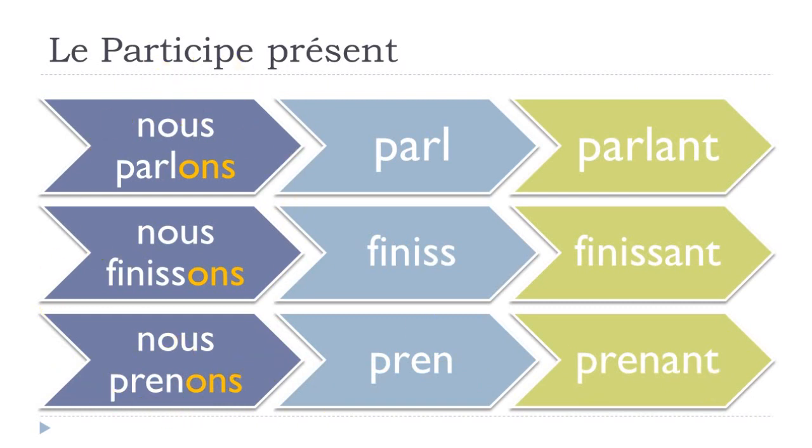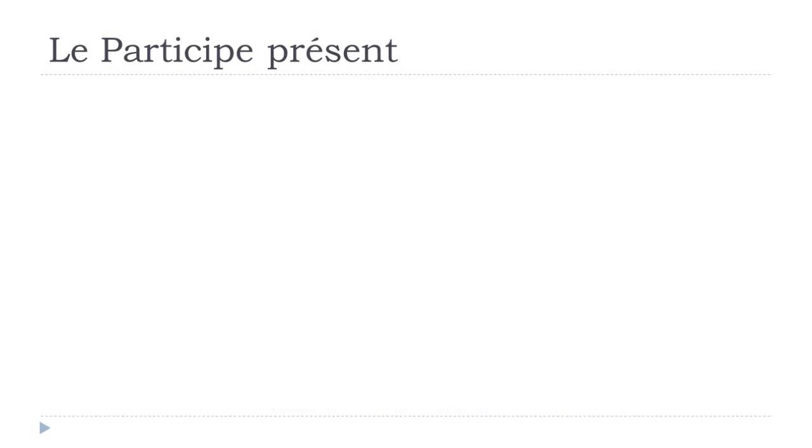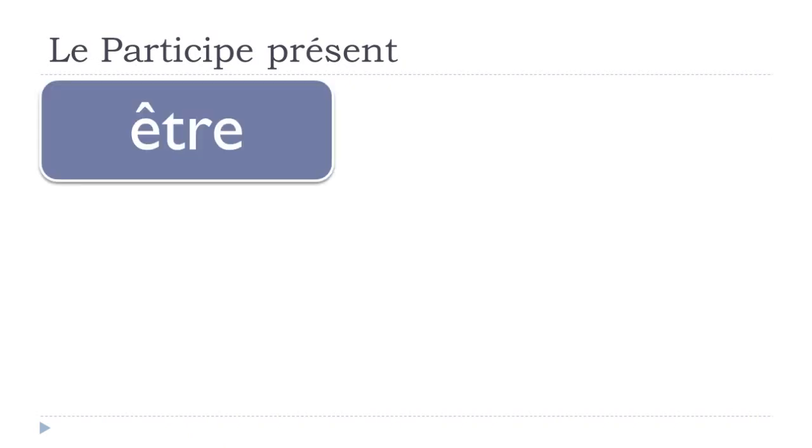Normally at this level, you should. Okay, so let's see. Nous parlons, so you get parl, and participe présent, parlant. Nous finissons, finiss, and then you will get finissant. Then nous prenons, prenn, prenant. All right, but then of course, you know now French language, and we've got exceptions. But the good thing is that we've got only 3 exceptions.